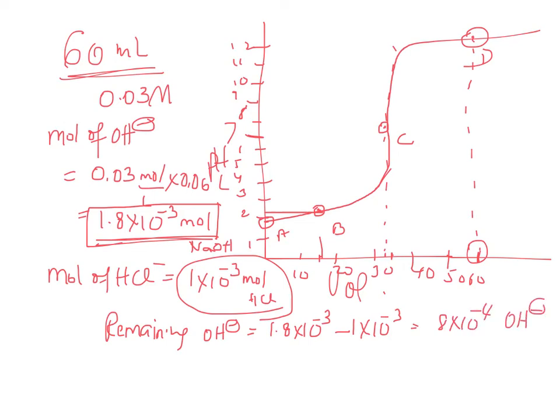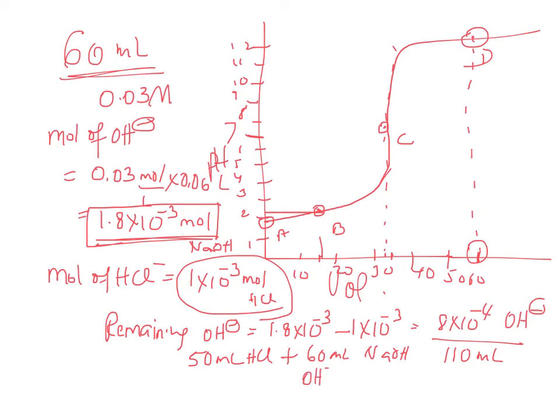But how much volume is it present in? You already had 50 milliliters of HCl, and you have added 60 milliliters of sodium hydroxide. So that number divided by 110 milliliters is going to give you your hydroxide concentration.